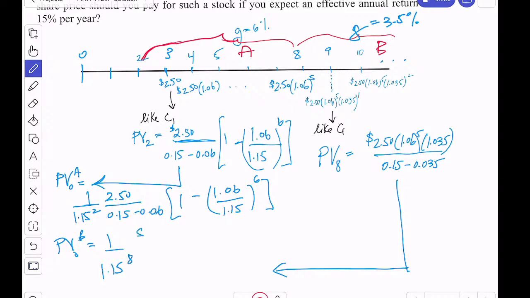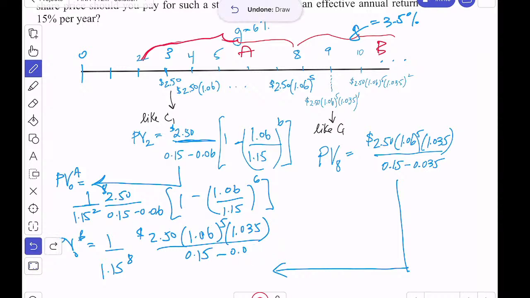And again, I'm just copying what I had, $2.50, the 5 periods of growth to bring it to year 8, and then 1 period of the new growth rate, and it's a growing perpetuity, so that's that.